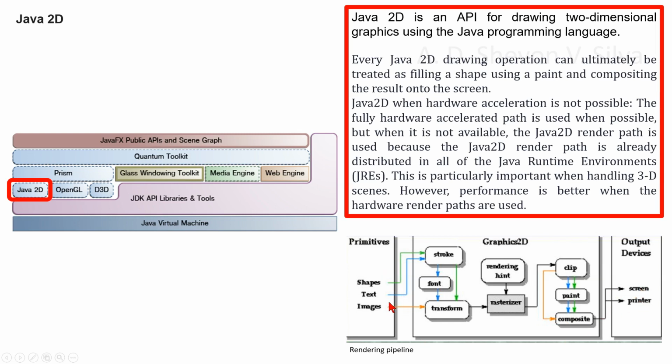In images, images are connected to transform, which is connected to rasterizer. Rendering hint is connected to rasterizer, which is connected to clip, which is connected to composite, which is connected to screen and printer.